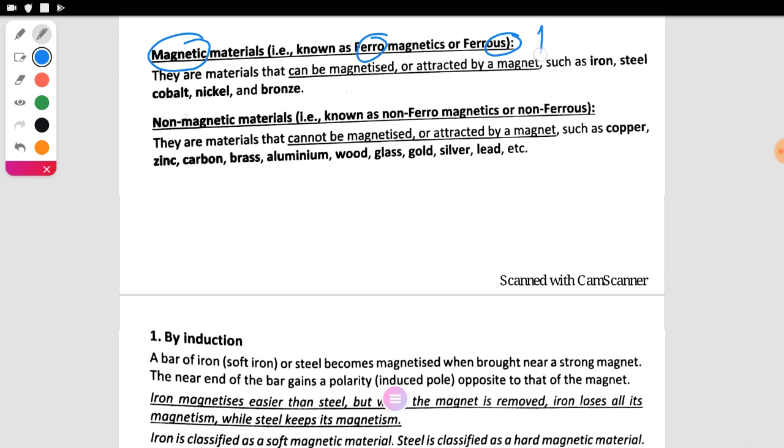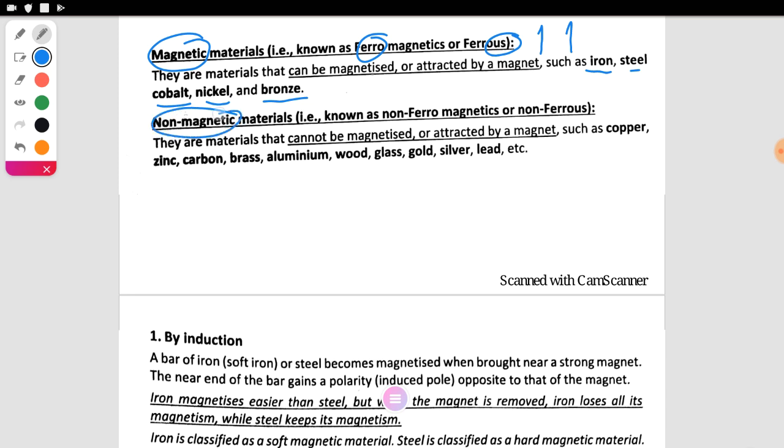Unpaired electrons means electrons in a single state. These materials can be magnetized or attracted by a magnet, like iron, steel, cobalt, nickel, and bronze. These are called magnetic materials. Examples of magnetic materials: iron, steel, cobalt, nickel, and bronze.